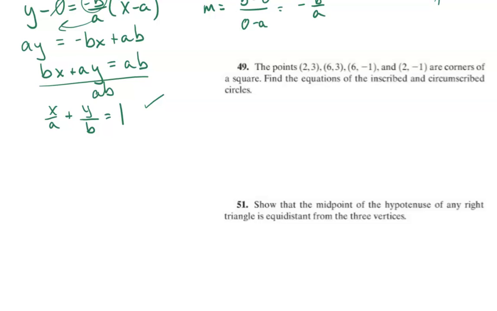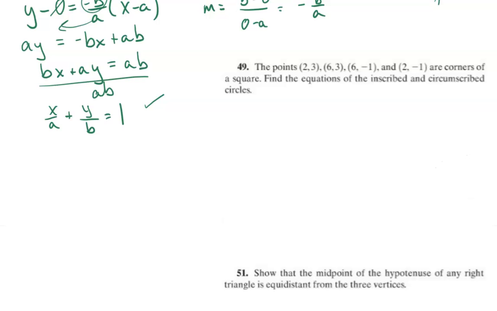Okay, so let's go ahead and graph those. So 2, 3. I'm going to try and make it draw to scale, but if it's not, it's not the worst thing in the world. 6, 3.